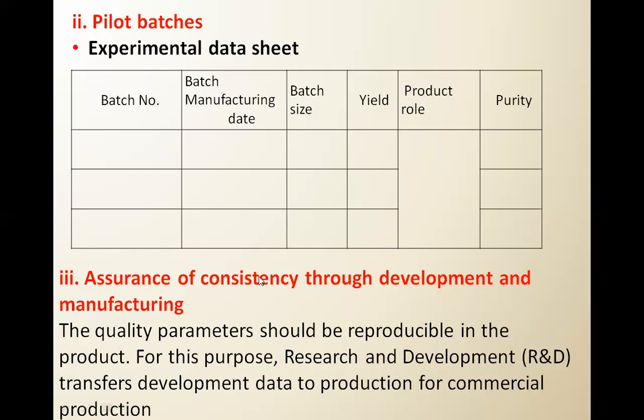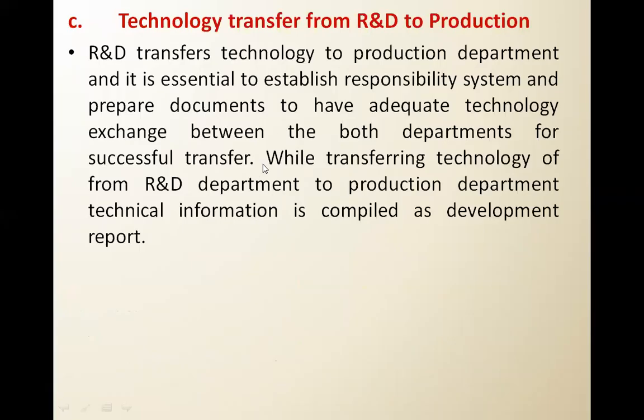Then the next is technology transfer from R&D to production. After the pilot plant batch is developed, we have to transfer that technology to the receiving unit. The R&D department transfers the technology to the production department, and it is essential to establish a responsibility system and prepare documents to have adequate technology exchange between both departments.